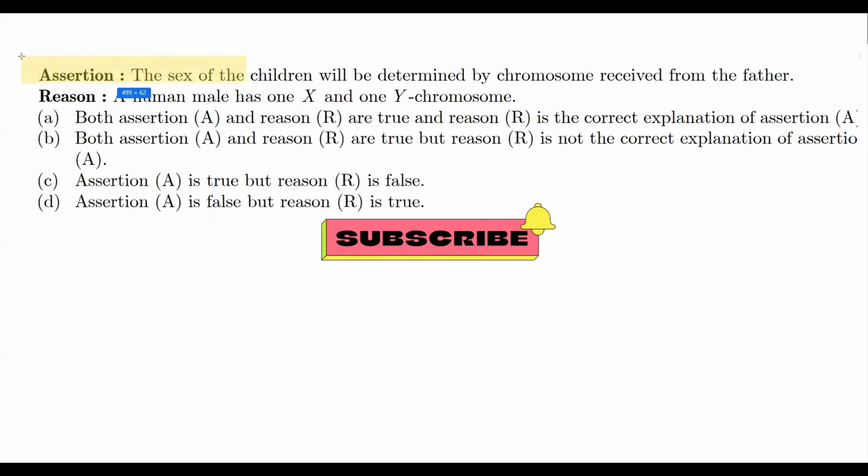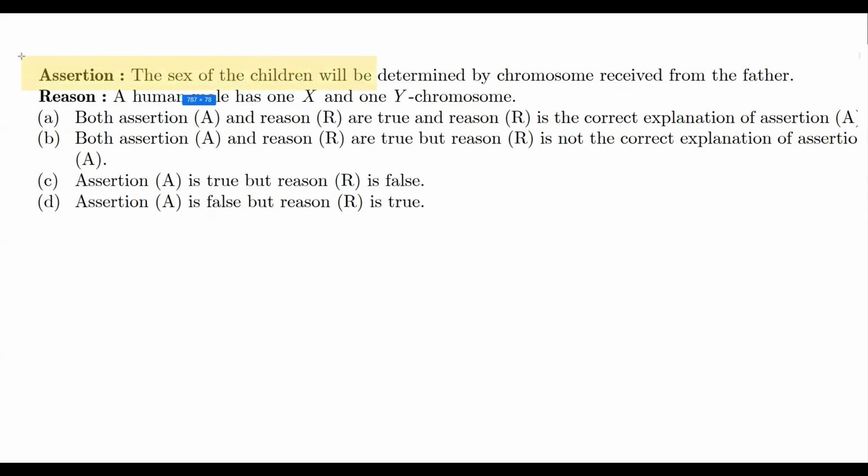The next question says the sex of the children will be determined by the chromosome received from the father. That is, the gender of the child is determined by the father. And then it says, the human male has one X and one Y chromosome. So what you should know is that a human being has 23 pairs of chromosomes, out of which 22 are identical in both male and female, that is mother and father, you can say here.